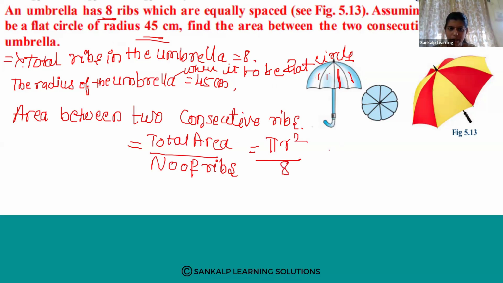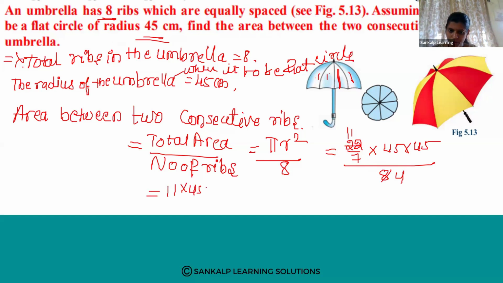So pi r square. Pi value is 22 divided by 7. R is 45 centimeter. R square means 45 into 45, divided by 8. Again it will not get divided. So 11 into 45 divided by 4.